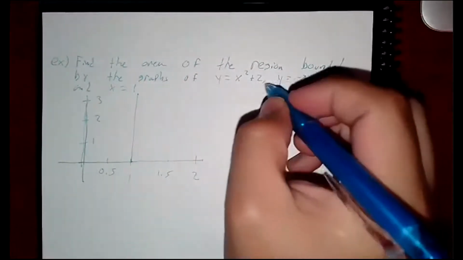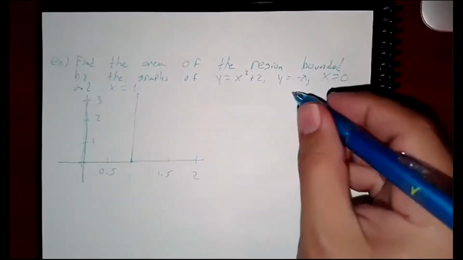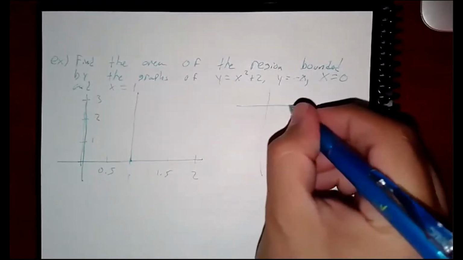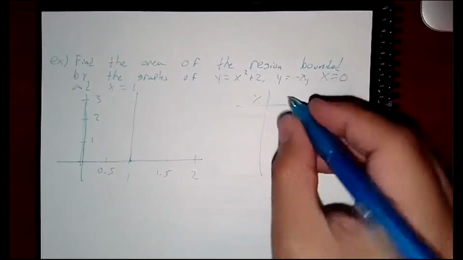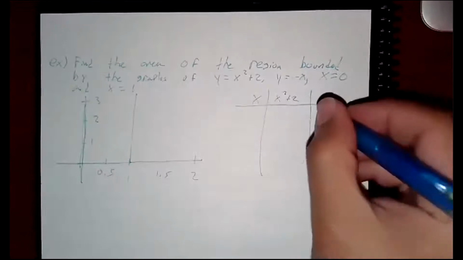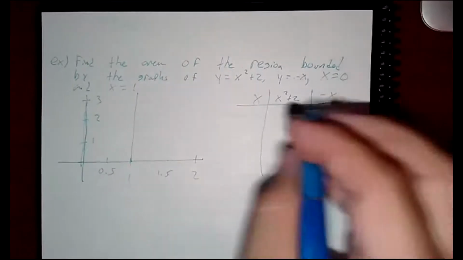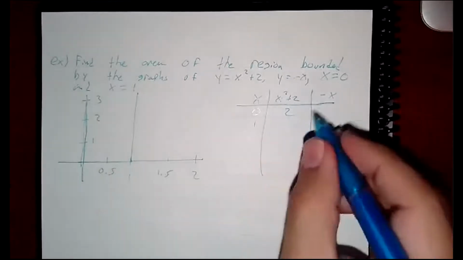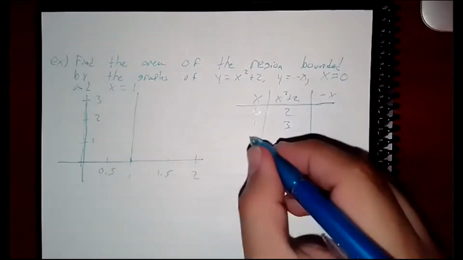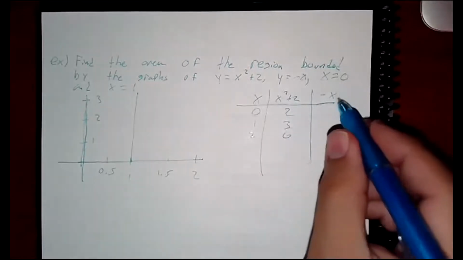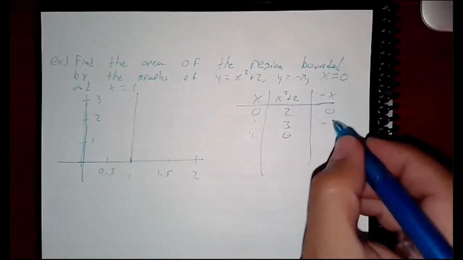Now this is a parabola, so let's make a big table in case you have issues graphing. Over here I'll put the parabola, and the next one I'll put the negative x, right? So if I pick 0, this is going to be 2, right? 0 squared plus 2. Plug in 1, that'll be 3. If I plug in 2, that'll be 4 plus 2 is 6. If I plug in 1 over here, that'll be 0, negative 1, negative 2.